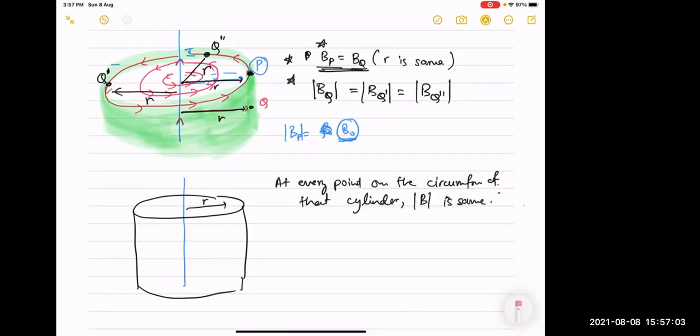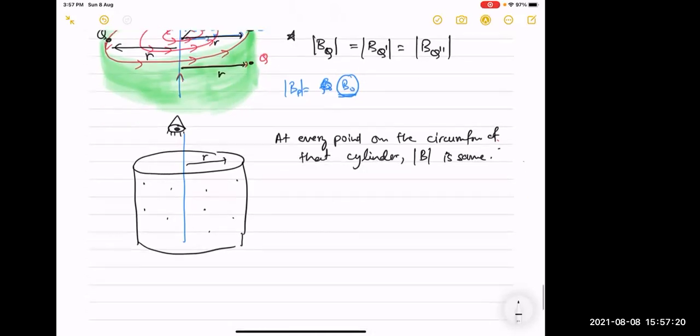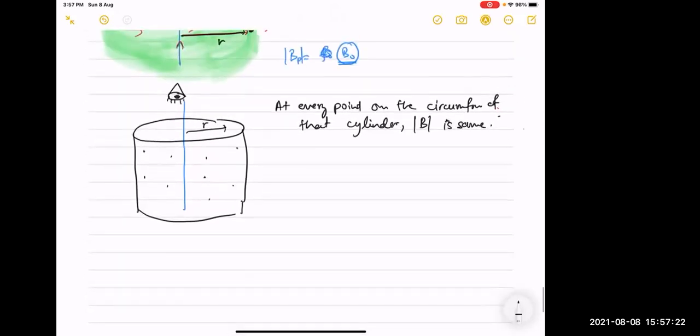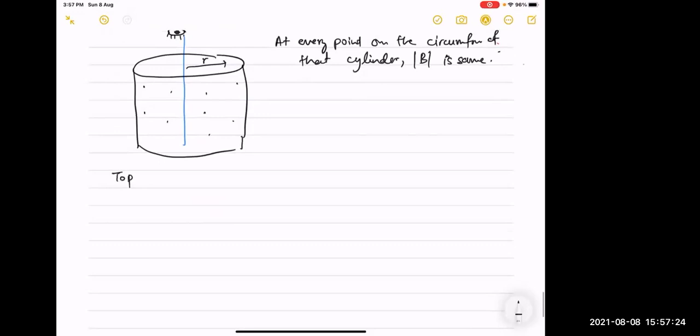At every point on its circumference, the magnetic field is the same. If someone is watching from above, the top view, what will he see?